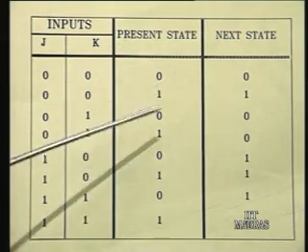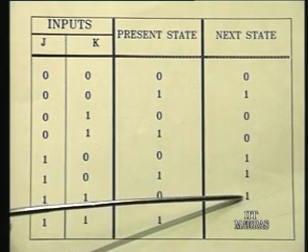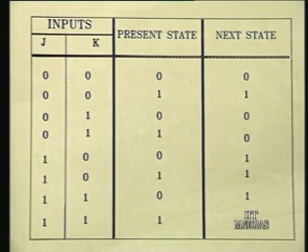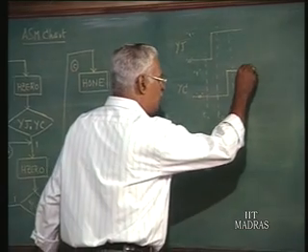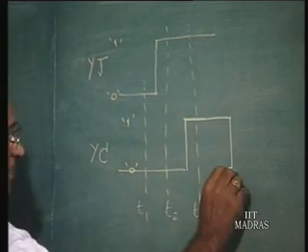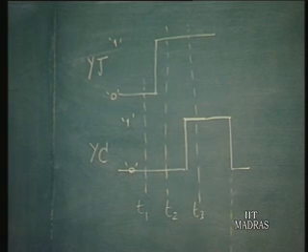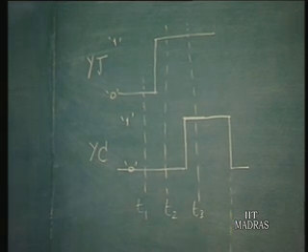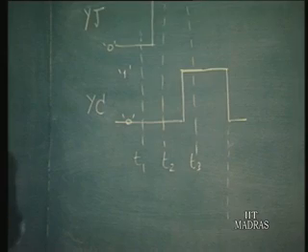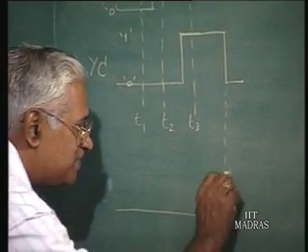So, all those 0 to 1 transitions, see here, here also you have. That means basically when the clock falls, at this instant, we have said the output earlier was 0, now it becomes 1.